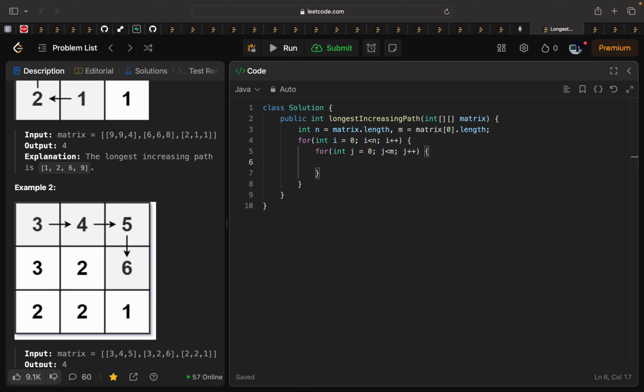So suppose we start from, we call a function, find longest increasing path. Initially we are at the ith and jth cell, and this is our matrix.